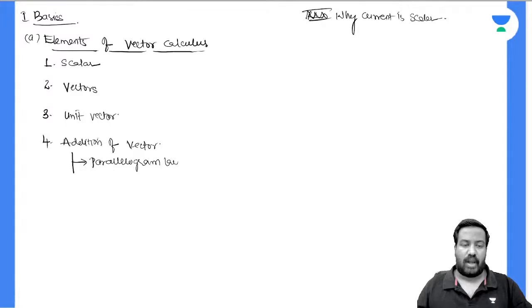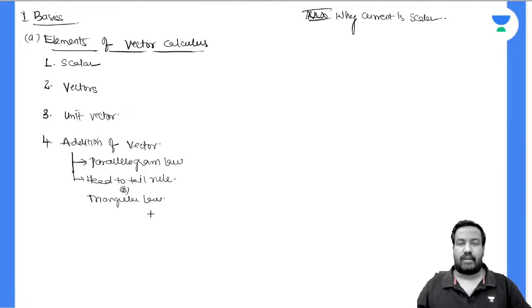In addition of vectors, there is the parallelogram law and the head to tail rule. The head to tail rule is also called the triangular law. Some very interesting concepts we have done on this addition of vectors.